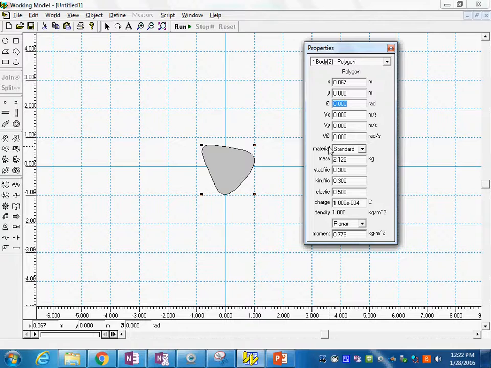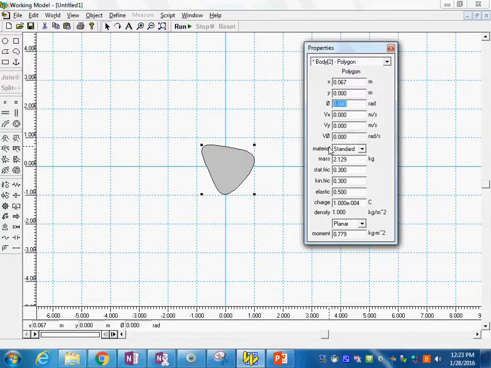How much would the body rotate if I put a 1 in here? Let's see, those good brains. How many degrees is 1 radian? Don't remember? Pi divided by 3, right?